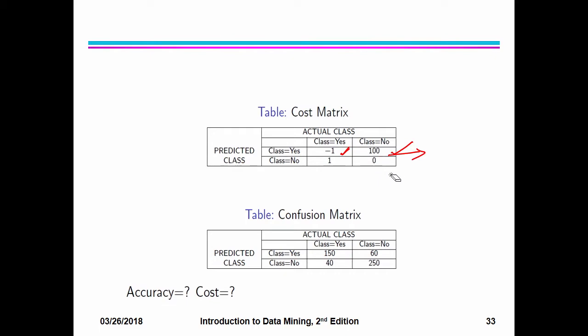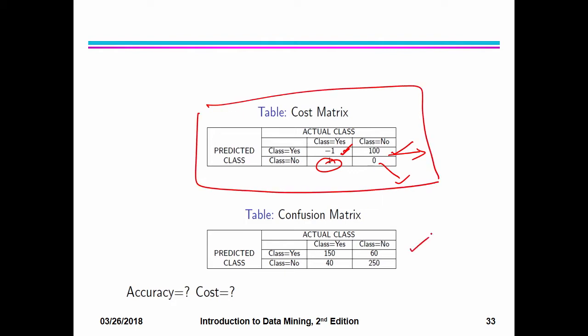So, in some applications true negative does not have any value. In some examples you can put 0, and this is reward, and if this is also a penalty, it is a smaller penalty.